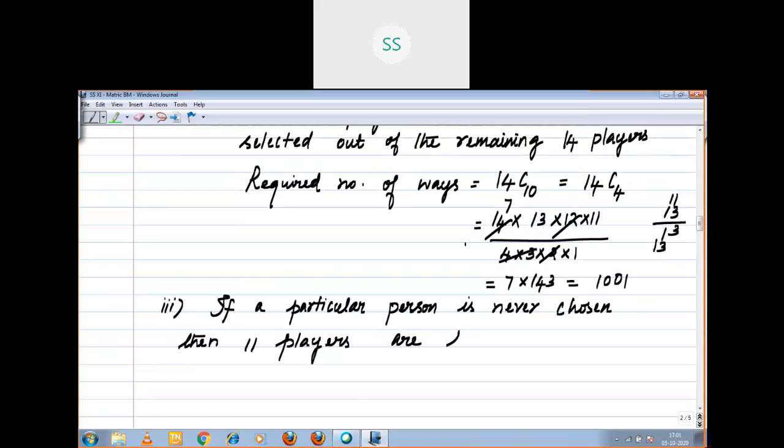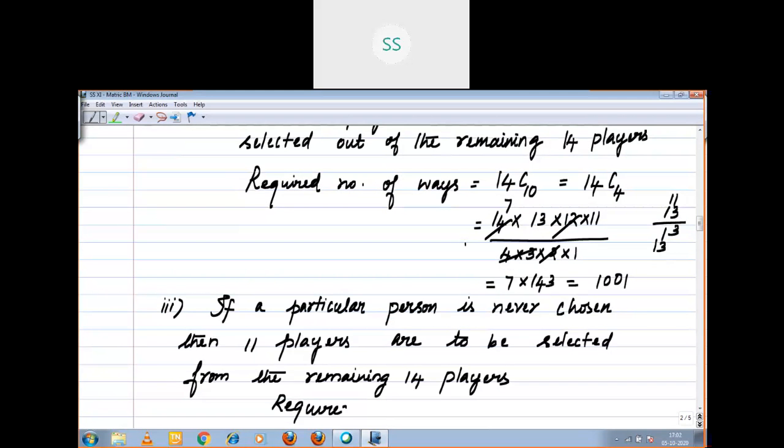Then 11 players out of how many? 14. 11 players are to be selected from the remaining 14 players.